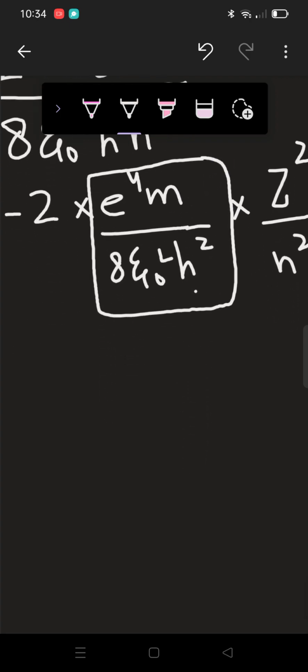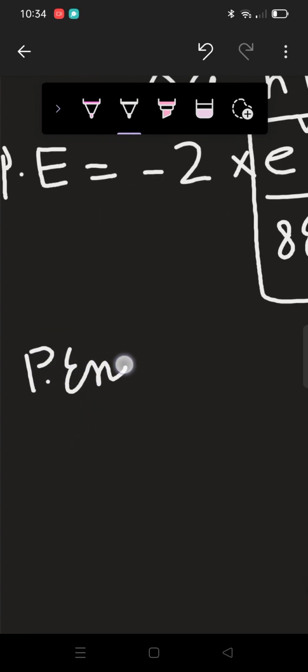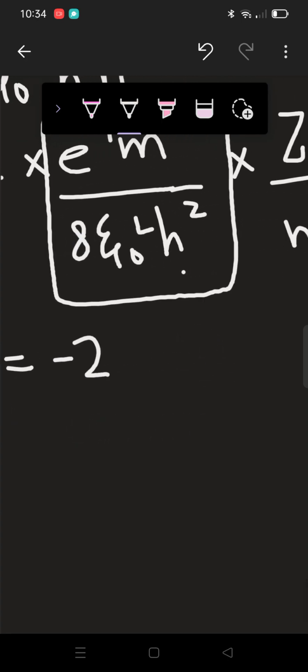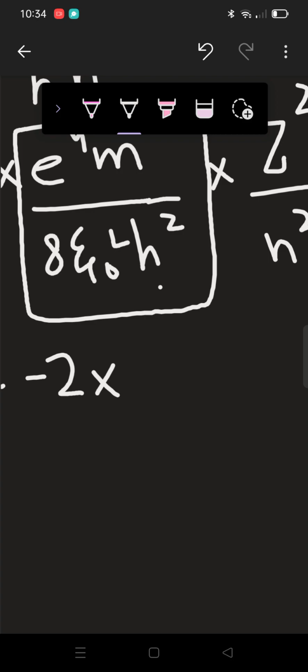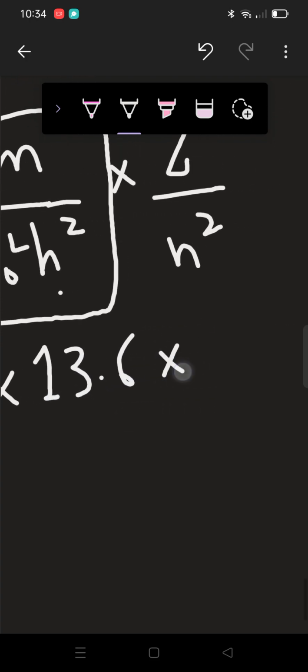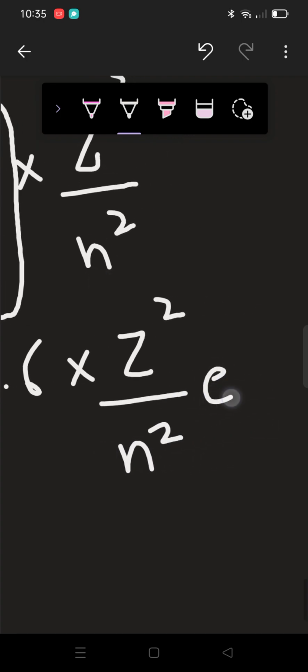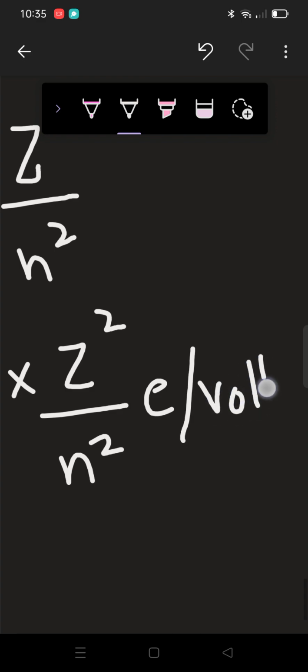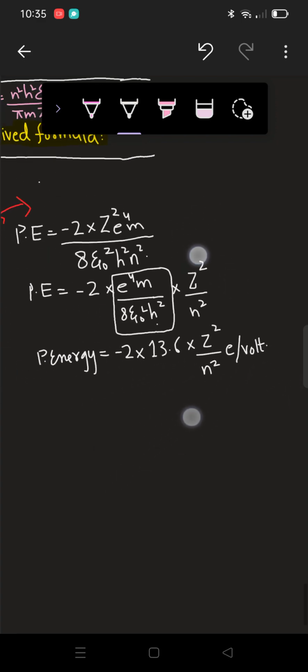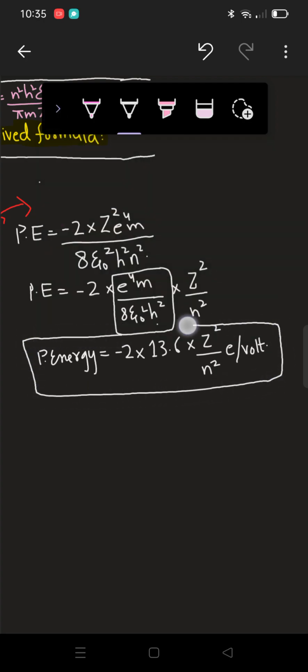So now I can write potential energy is equal to minus 2 same into e power 4 m upon 8 epsilon naught square h square, which is the constant, and its value is equal to 13.6, into z square, which changes, upon n square, which changes as well, in electron volts, right? So we have derived the formula for finding the potential energy of an orbit as well.